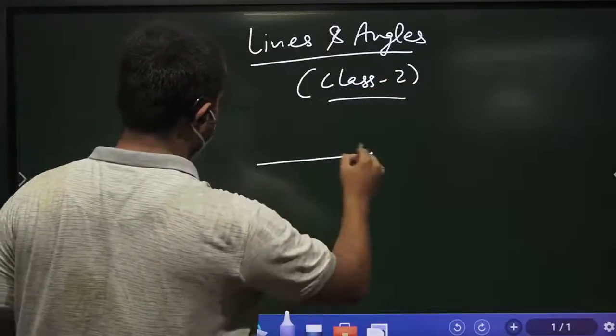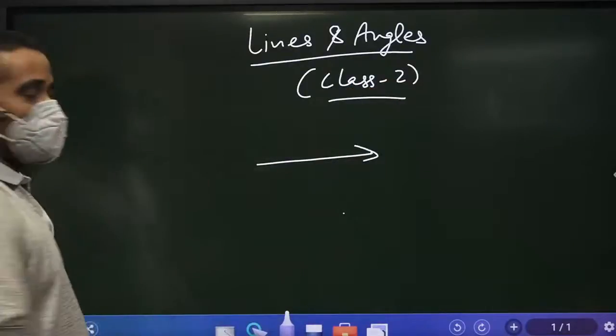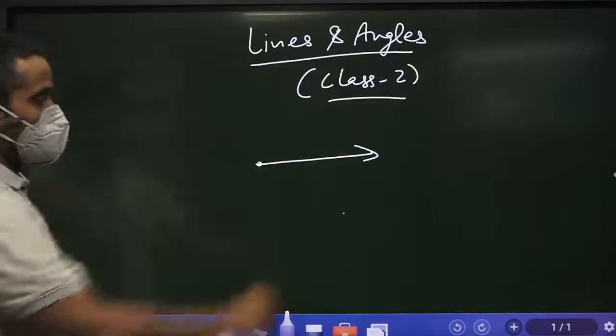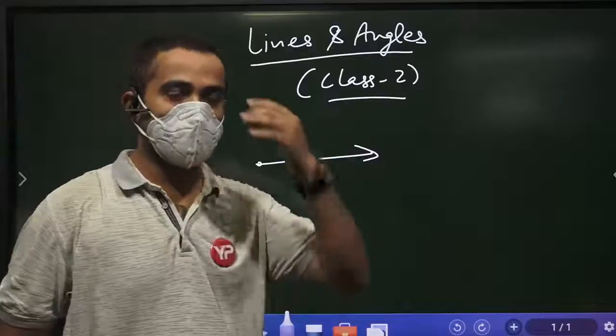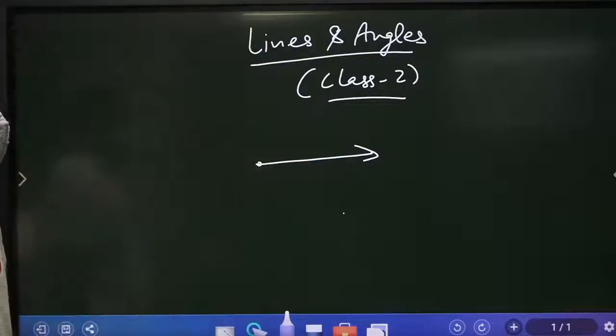So this is a ray, with an initial point and this arrow. This is known as a ray. Similarly, we have defined line segment also, and other things.